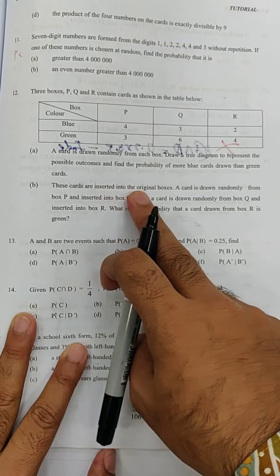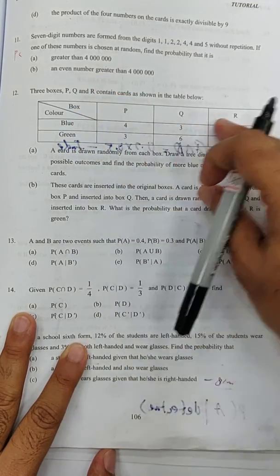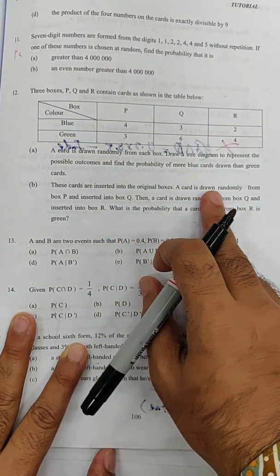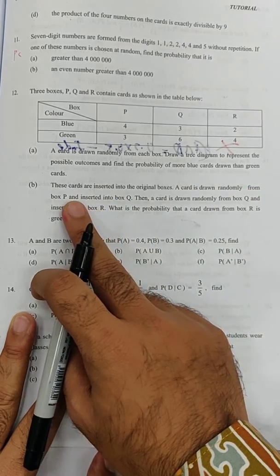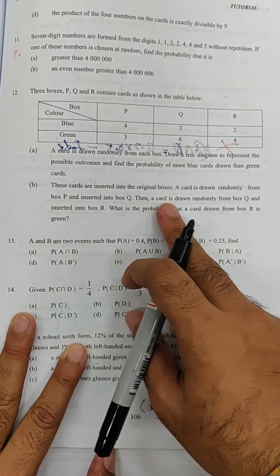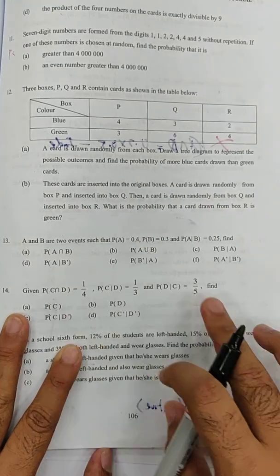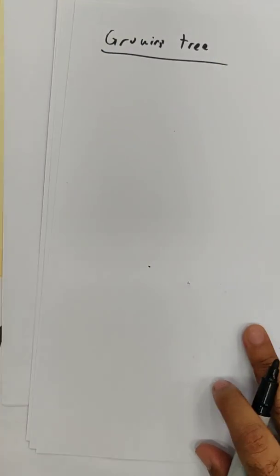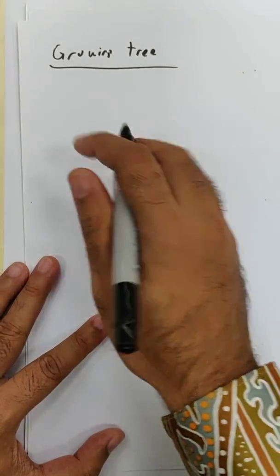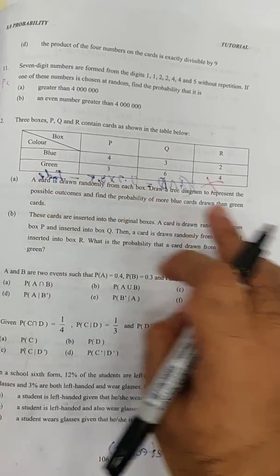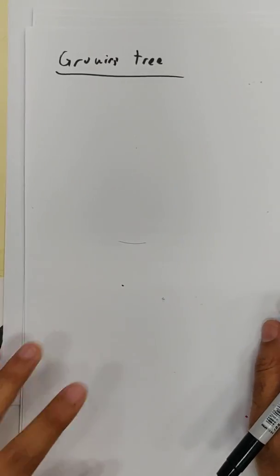These cards are inserted into the original box. A card is drawn randomly from box P, inserted into box Q. Then a card is drawn from box Q, then inserted into box R. What it means is something like this. Do take notes. I have 3 chains but 2 branches, so 3 events, you can call it.